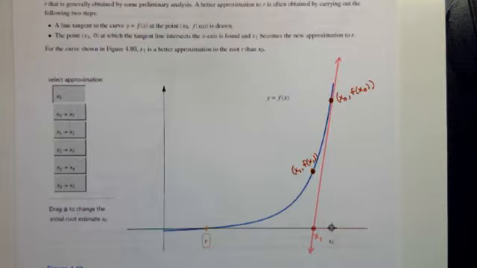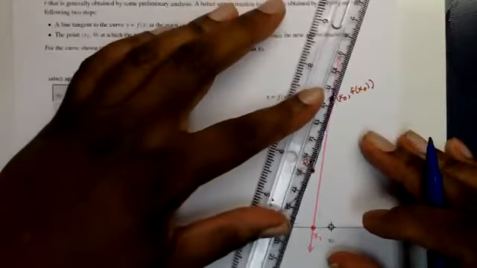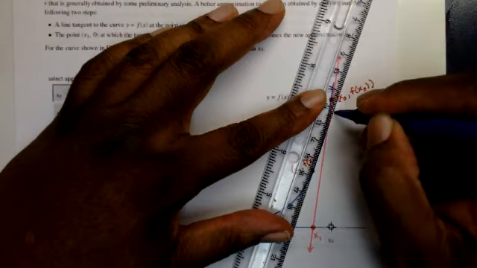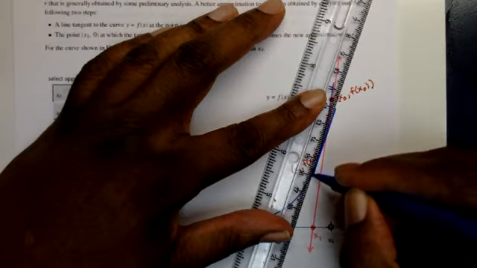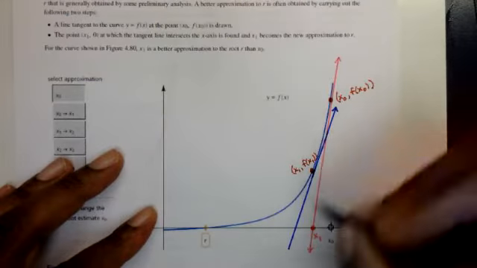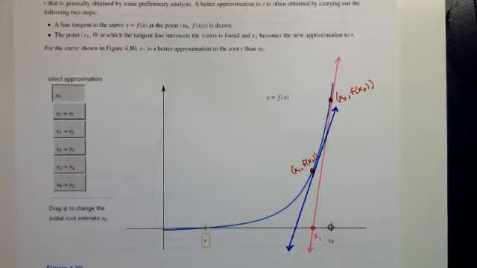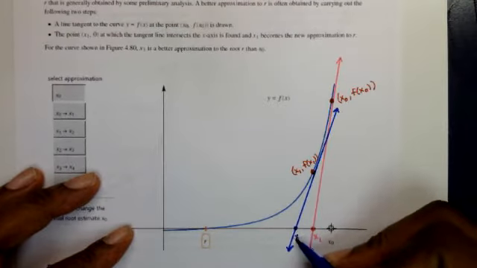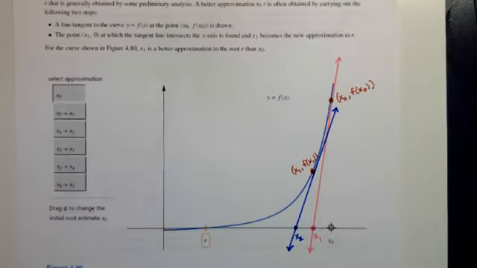Now I'm going to draw another tangent line at that point, and here I'm going to use a different color. That tangent line is going to cross the x-axis at this point, which I'm going to call x2. So now x2 would be my new approximation.